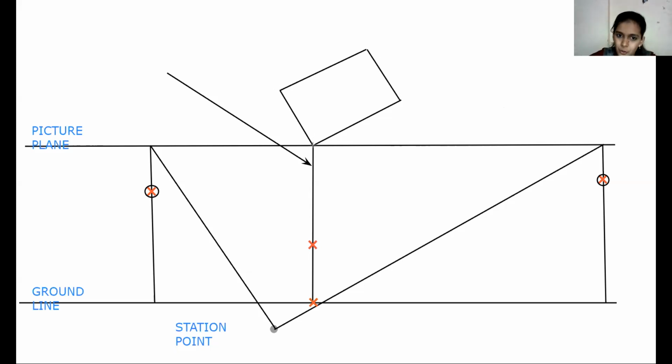Now draw the entrance steps here. I'm showing you only the corner of the door, just like this. Suppose this is our door, and our entrance steps are over here.